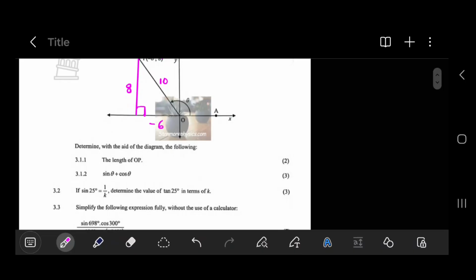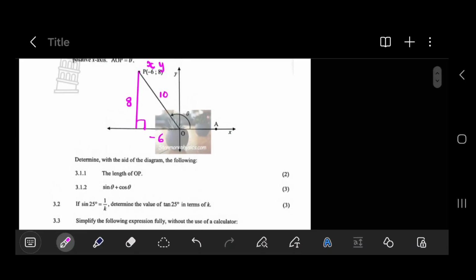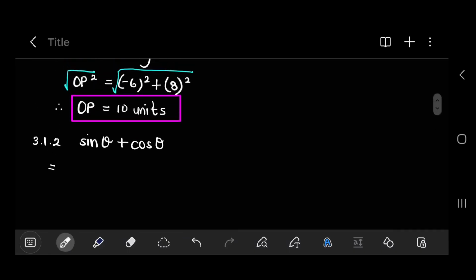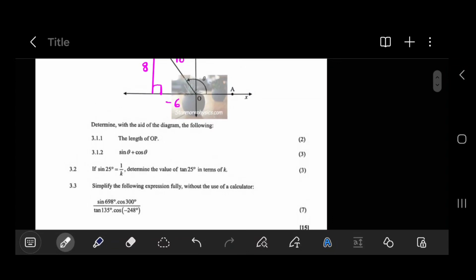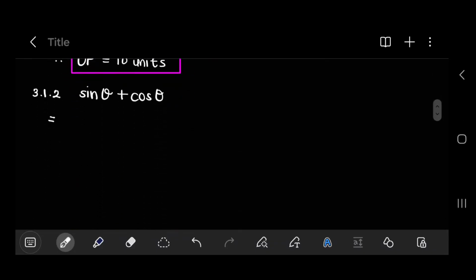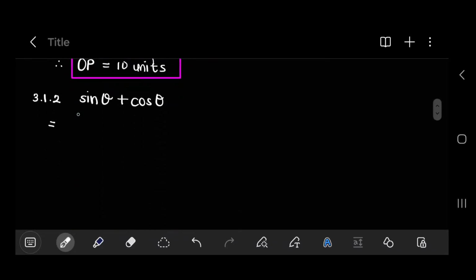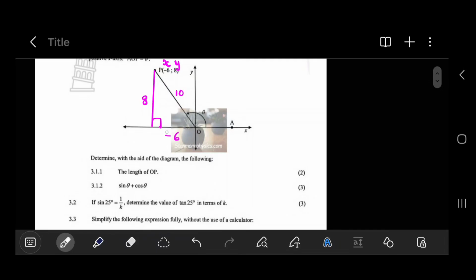Now for 3.1.2, we need sine theta plus cos theta. So to get these values, we are going to refer to the diagram. Let's start off with sine theta. In terms of theta, sine is opposite over hypotenuse. So that is going to be 8/10. Cos is adjacent over hypotenuse.